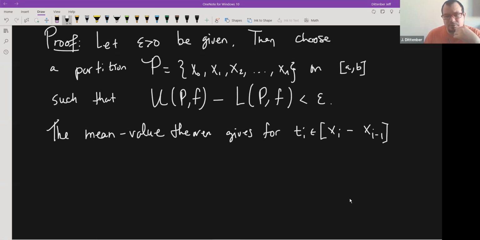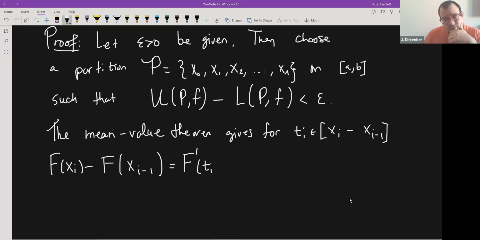The mean value theorem gives for some t_i in this interval, we can write down this: capital F of x sub i minus capital F of x sub i minus 1 is equal to this derivative times x sub i minus x sub i minus 1. Okay, and really we've made a pretty big step in the proof right here with this statement. And this is because of the mean value theorem.